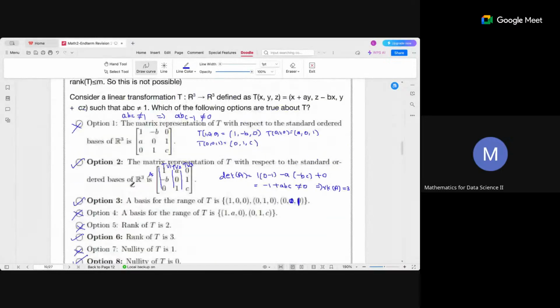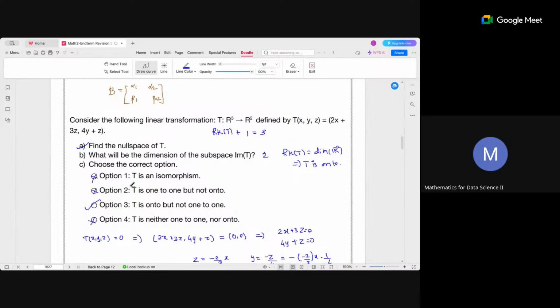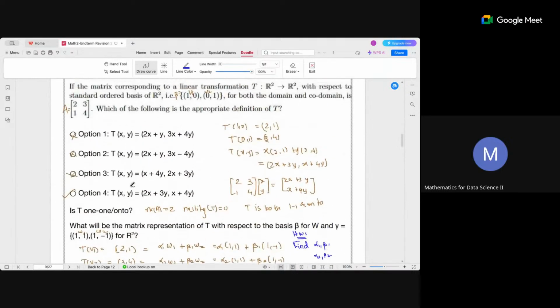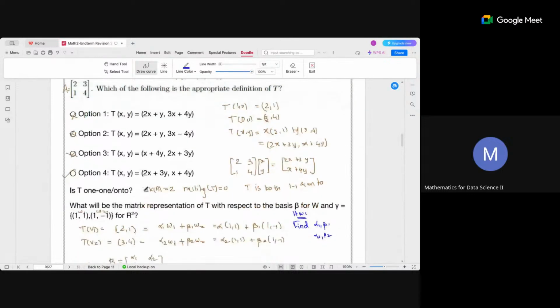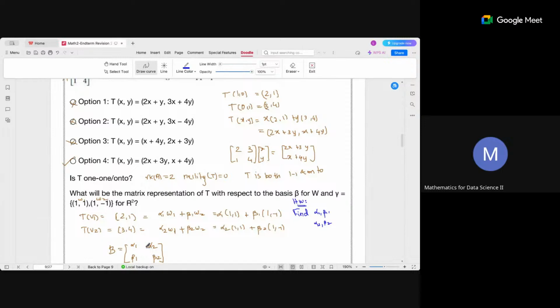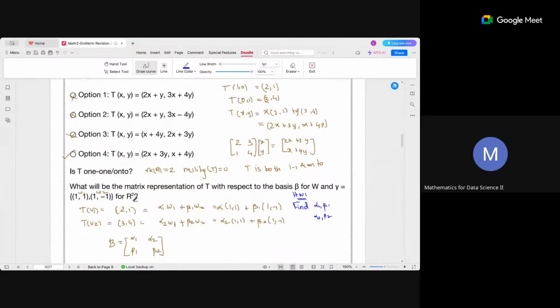For example, here I guess we did some example. Yeah, this one. This is a transformation with respect to the standard ordered basis. This is a matrix with respect to the standard ordered basis, and this is a matrix with respect to some other basis. So what can you say about the relation between A and B? Equivalence. Yeah, so here A and B are equivalent.